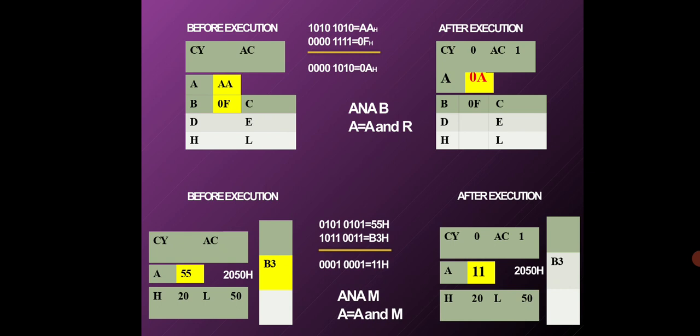After logically ANDing both values, the answer is 0AH. So before execution the value of A is AA and the content of B is 0F. After execution, that is ANA B, the content of A is 0AH.